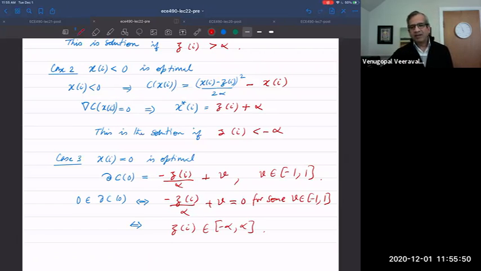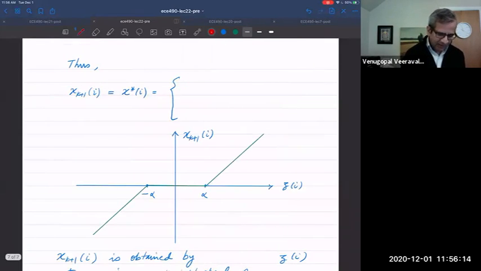Then we can always find a v equal to zi divided by alpha belonging to the interval -1 to 1, such that minus zi over alpha plus v equals 0. Make sense? Okay, so that's nice. All three cases are easy, and we end up with this final equation.